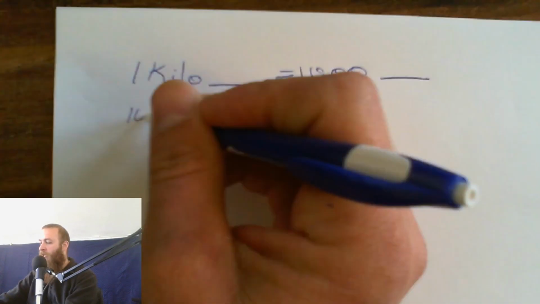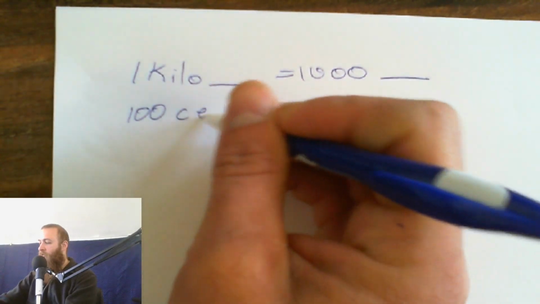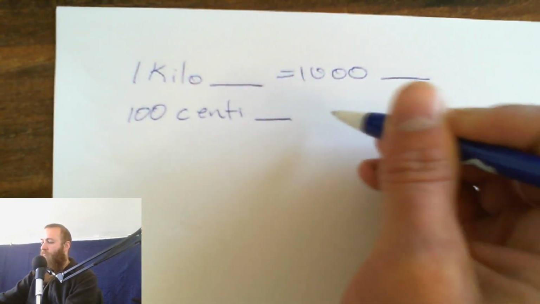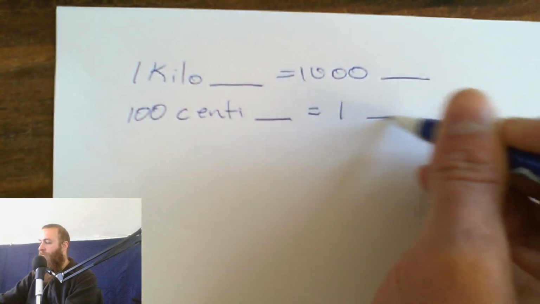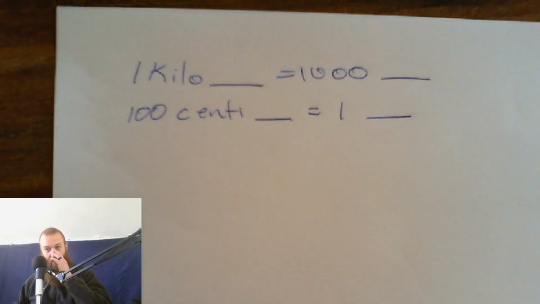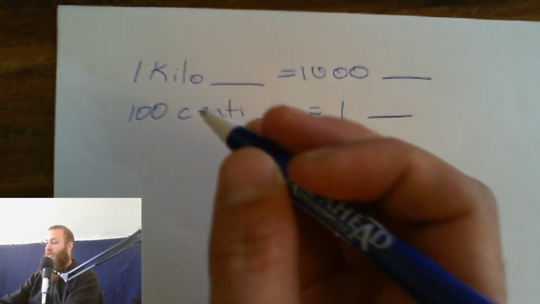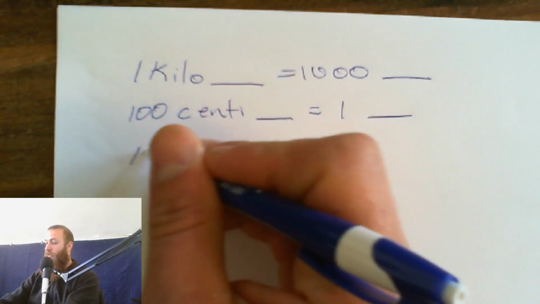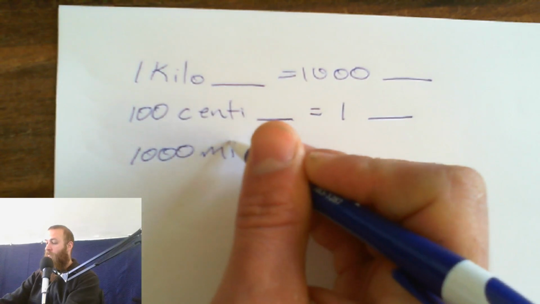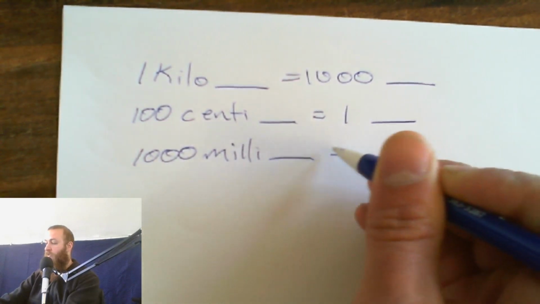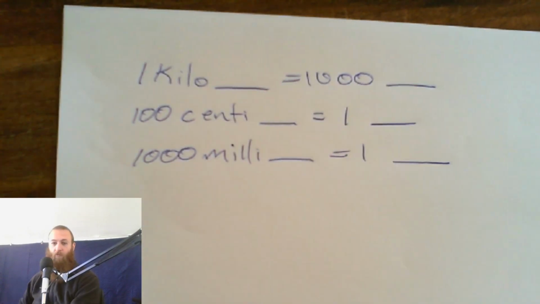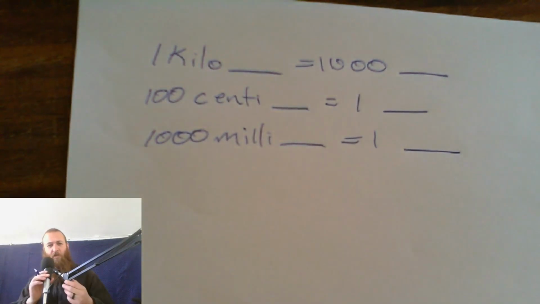All right, 100 centi blanks is equal to 1 of those blanks. Okay, does this sound familiar at all? I hope it does. This is something that we learned back in Unit 3. Then the final one was 1,000 milli blanks is equal to 1 blank. All right, remember that? Does that sound familiar?